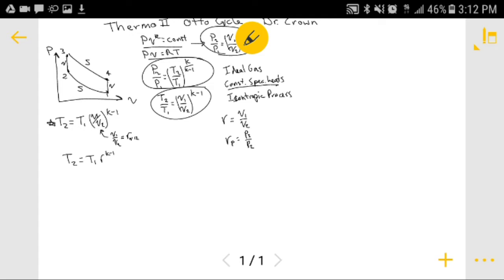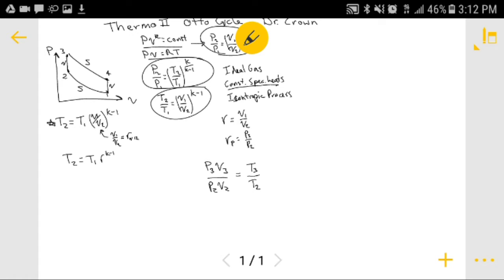Given that, if I use the ideal gas law for the second process, I can write P3 V3 equals R T3, and divide this by P2 V2 equals R T2.